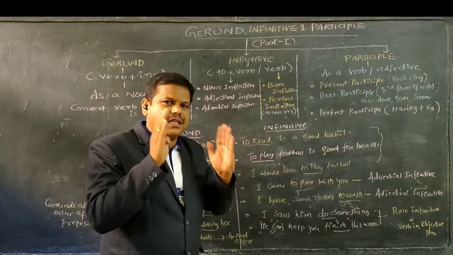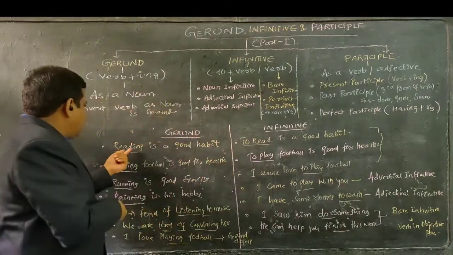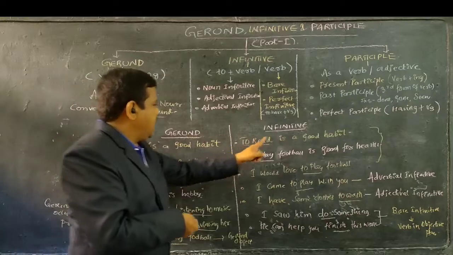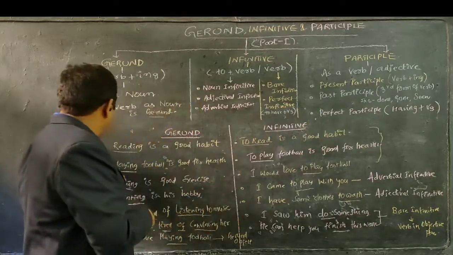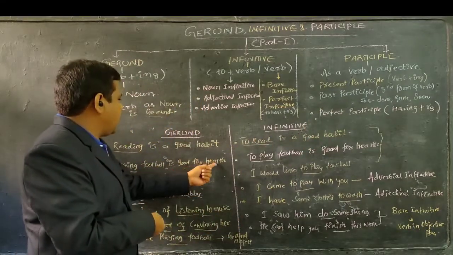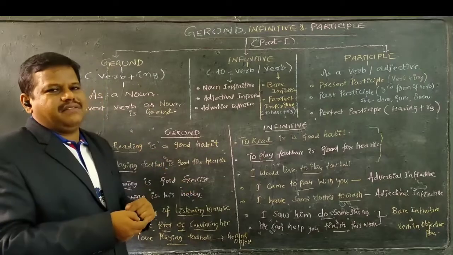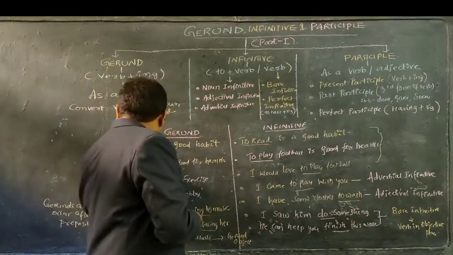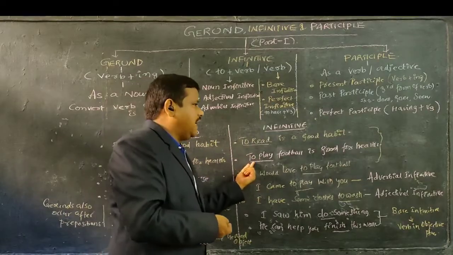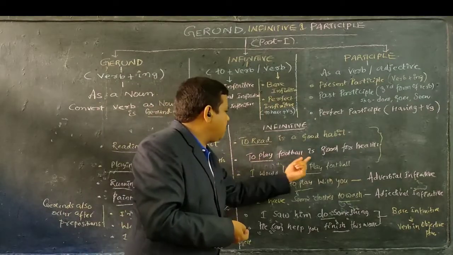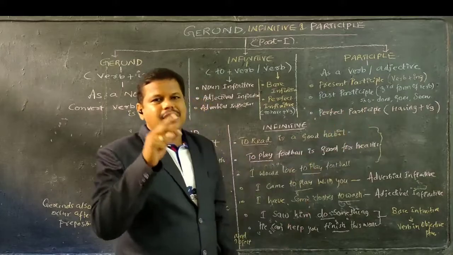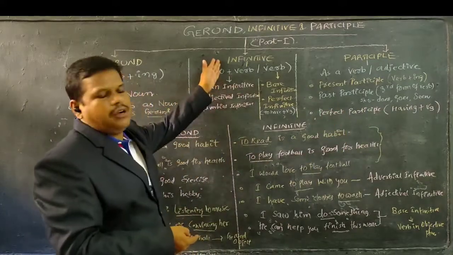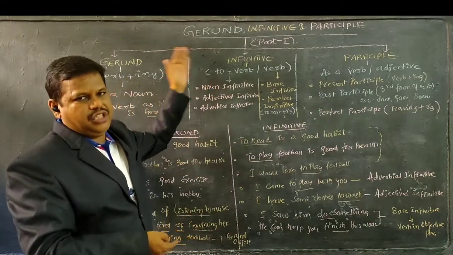Let us discuss the noun cases. Now, reading is a good habit. To read is a good habit. Similarly, playing football is good for health. If you want to convert it into the noun infinitive, in the place of playing you have to write to play. To play football is good for health. These are the two examples we use for infinitives.